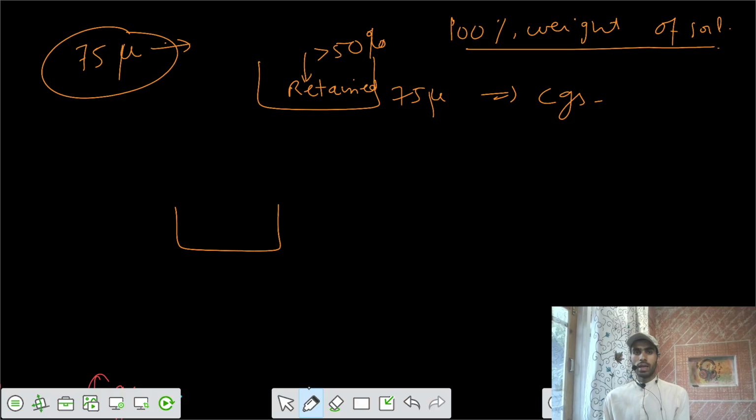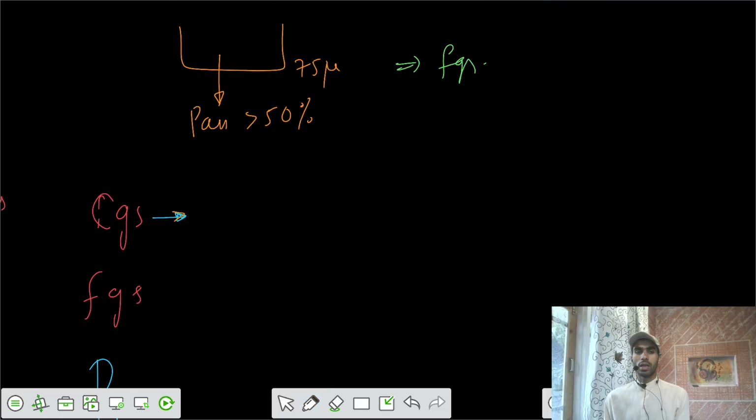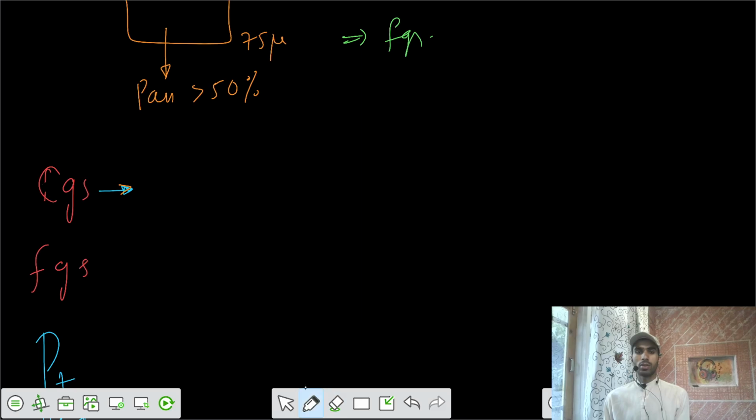And if passing is greater than 50% on this 75 micron sieve, so that's your fine grain soils. This is the classification based on the percentage finer than 75 micron.